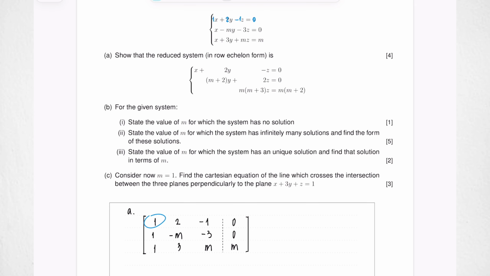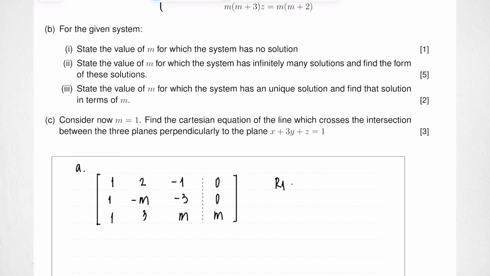Now, the second thing that you need to think of is what row operation would use this 1 on the top equation to eliminate this 1 from the equation below it. The operation is, we're just going to take row 1 minus row 2 and store that in row 2.